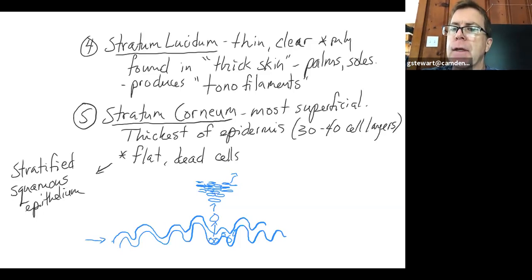The only thing I'm going to say left about this stratum corneum layer is that these cells still contain these glycolipids from the stratum granulosum layer that also helps with waterproofing.